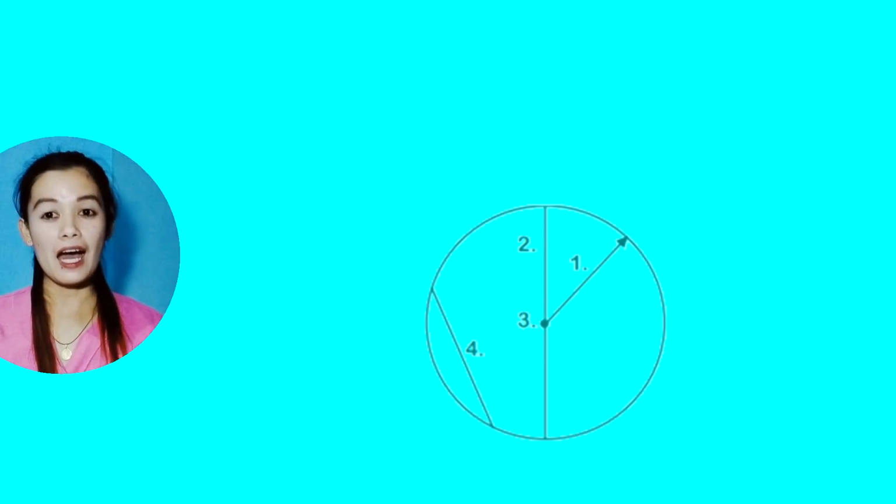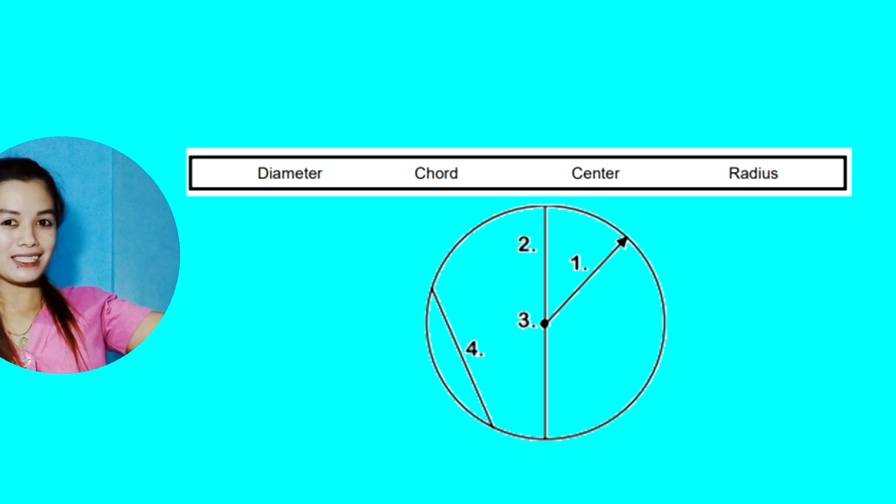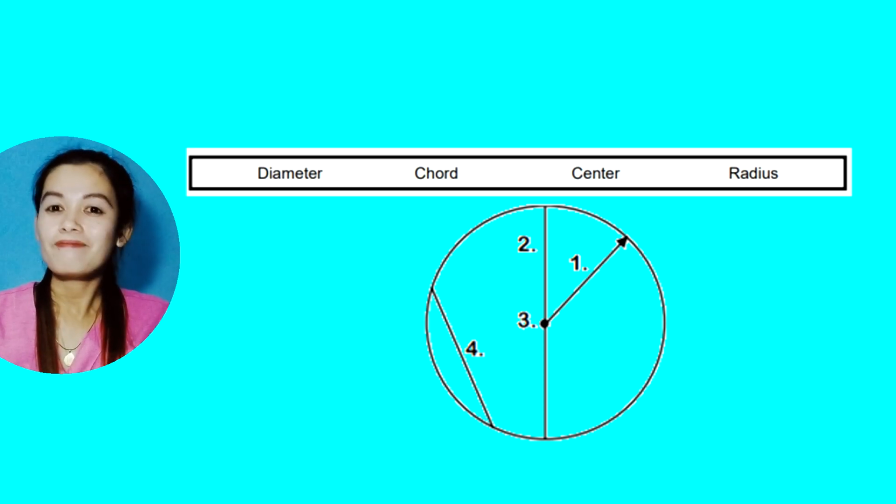It's about time to have another activity. In your previous module, you have learned the different parts of the circle. Now, let's have a sort of review. I have here a figure of a circle and a box with a list of the different parts of a circle.